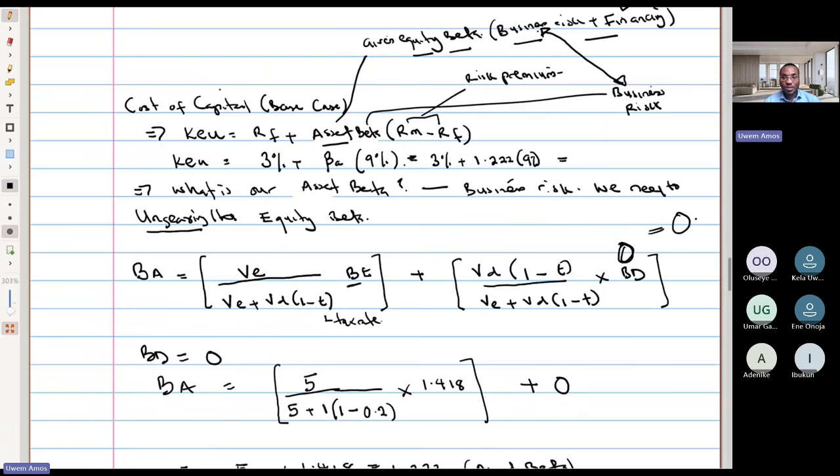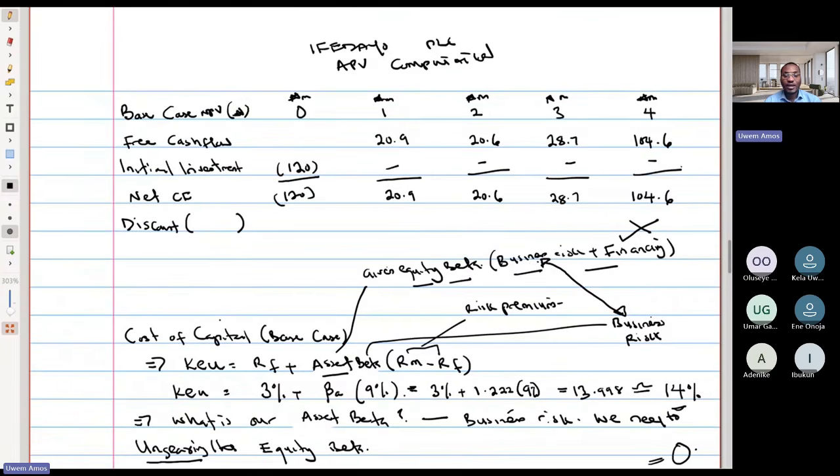So 9 multiplied by 1.222 gives me 10.998, plus 3 gives me 13.998. I can just approximate it to 14%. So that's our discount rate: 14%.